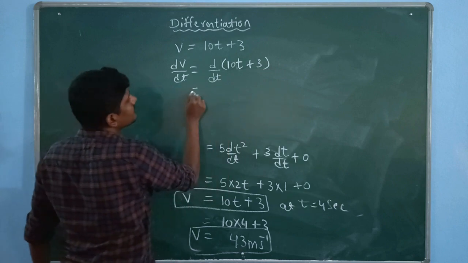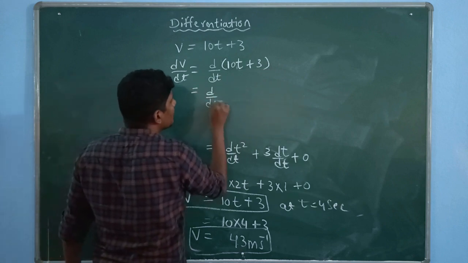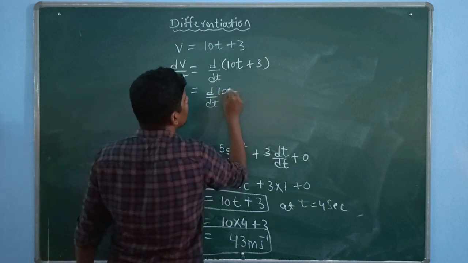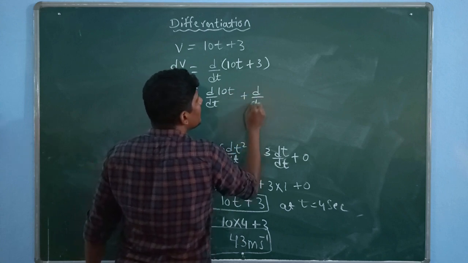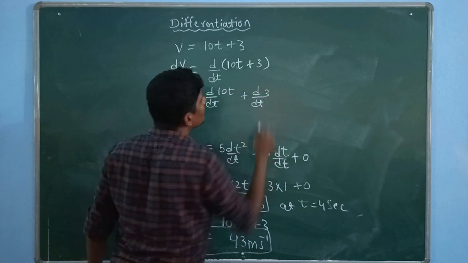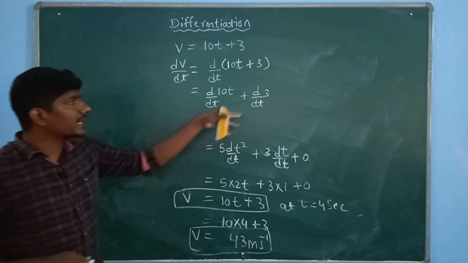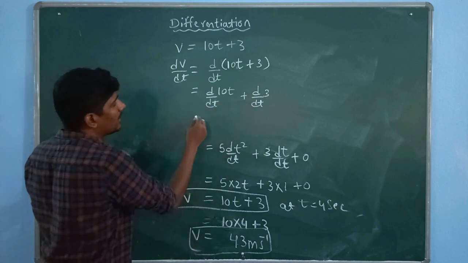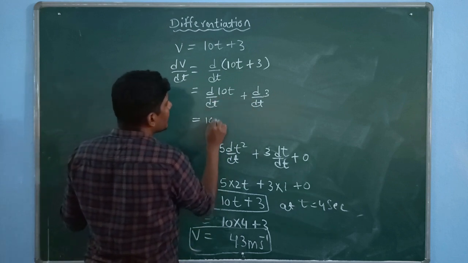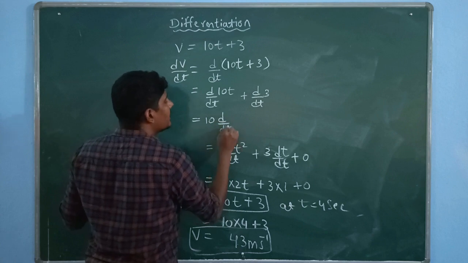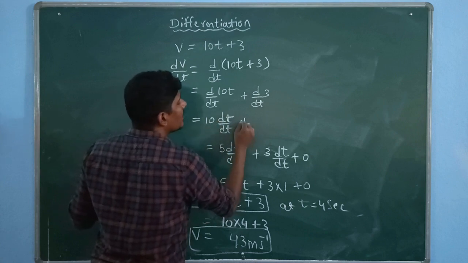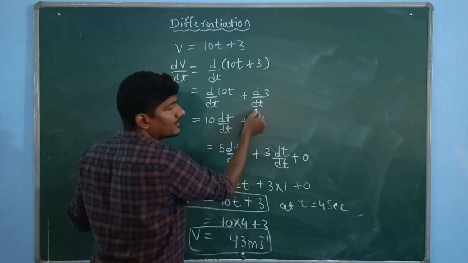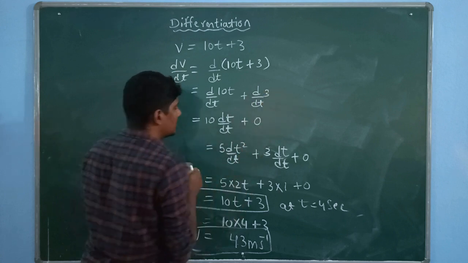Next step, d by dt of 10t plus separately d by dt of 3. Once you come to know how it works, directly you can write. Now I am explaining point by point. So now 10 you can keep outside, d by dt of t here, plus this one, 3 is a constant, differentiation of a constant is 0.